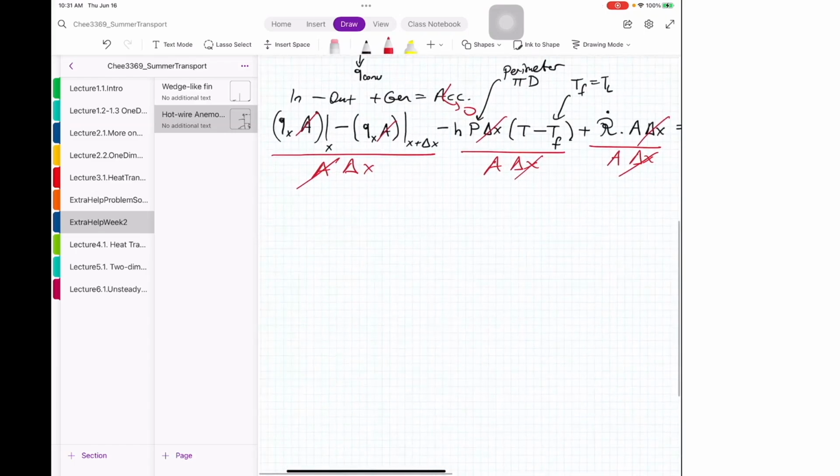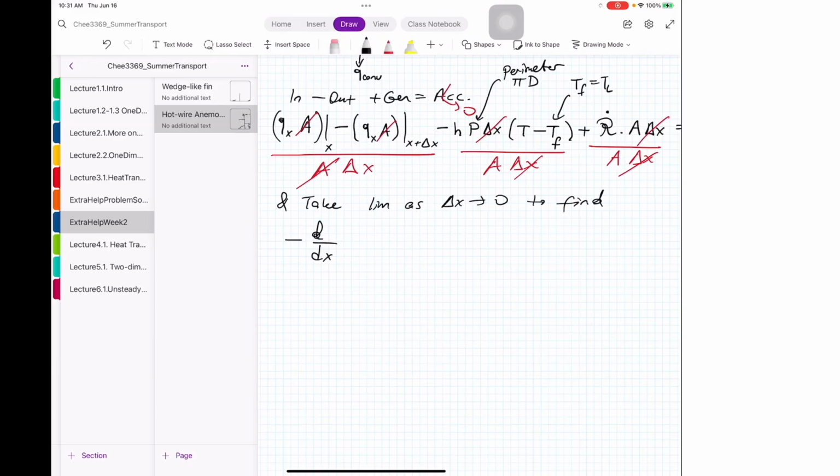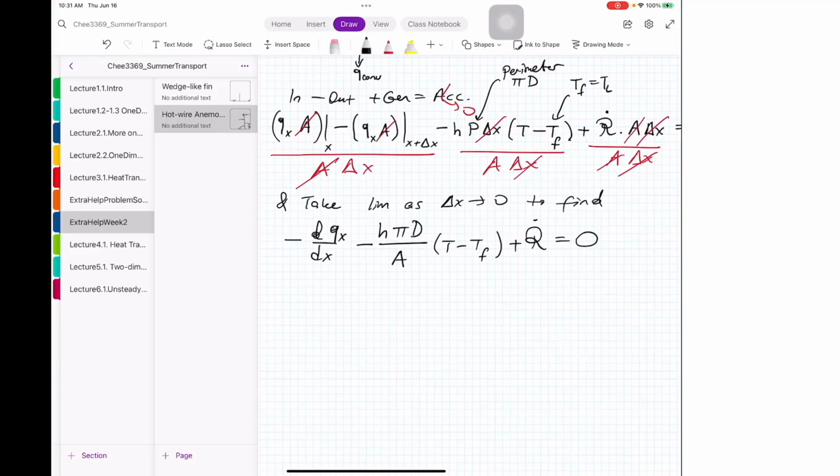And you take the limit as delta x goes to 0 to find minus d over dx of q of x, minus h times perimeter pi d over A, T minus Tf, plus, here the A's also cancel, r dot is equal to 0.